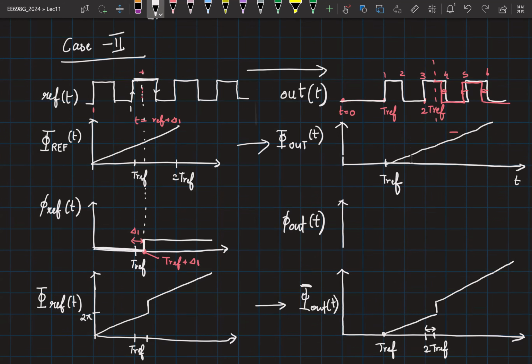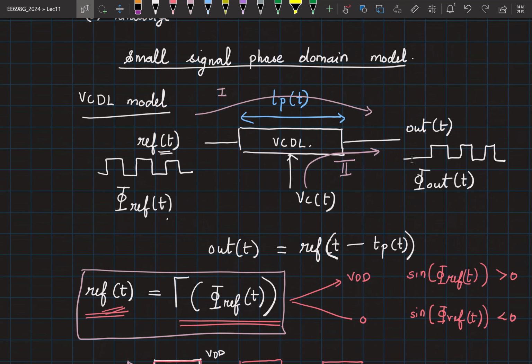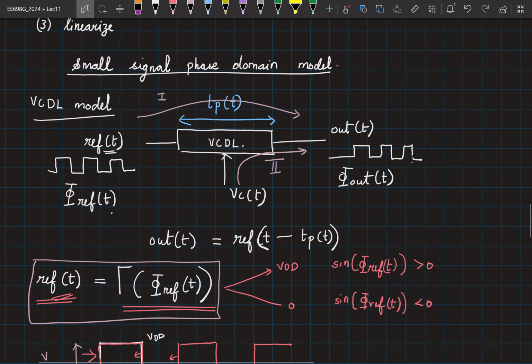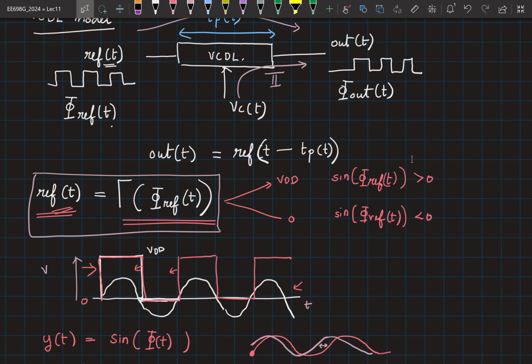Right? So I would urge you to go back and think in terms of the definition we used here, where you are thinking about a sine wave that is being passed through a comparator. If the sine wave value is positive, the comparator is giving you VDD. If the sine wave value is negative, the comparator is giving you 0.